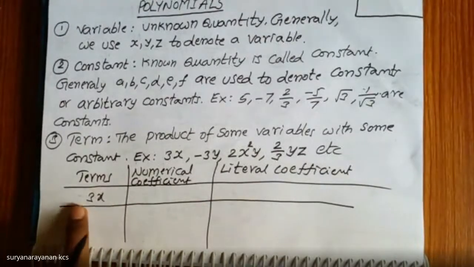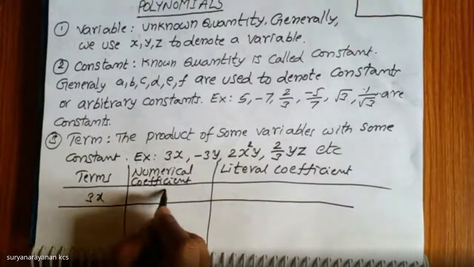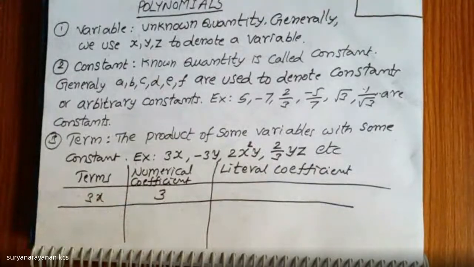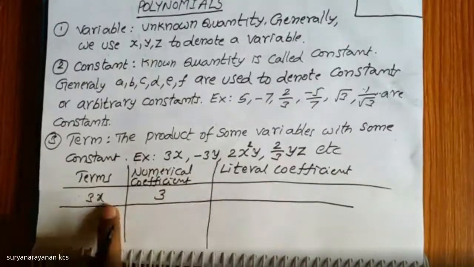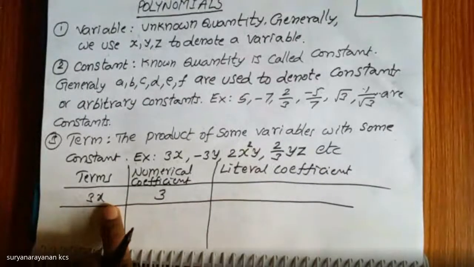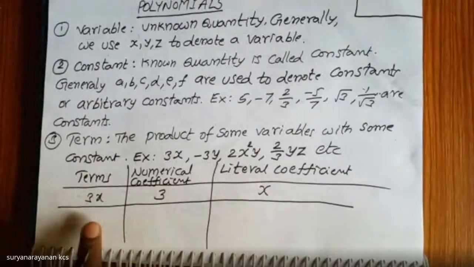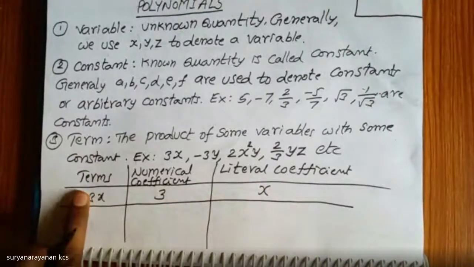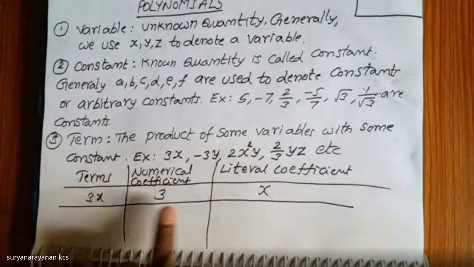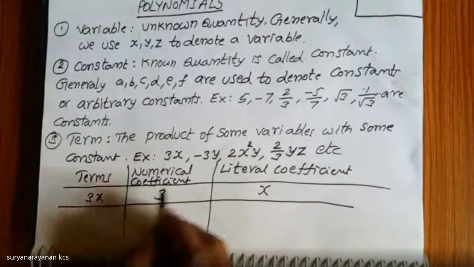What is left here? If you close all the letters written in the term, then we get the numerical coefficient of the term, or simply the coefficient of the term. And here 3x means 3 into x. So here the literal coefficient is x. Close the numerical coefficient, we get the literal coefficient.